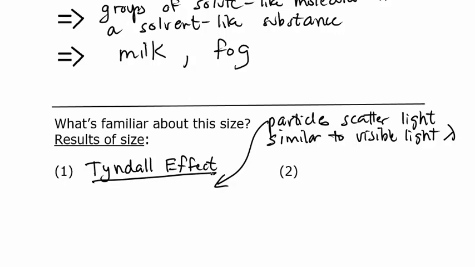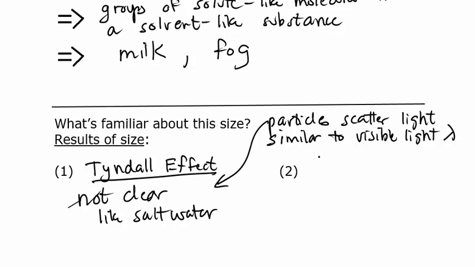They're not clear. Like salt water, which is homogeneous, you can see through, and sugar water you can see through, but milk and fog you can't see through. That's because the particles in the colloid are of the size where they will scatter light.